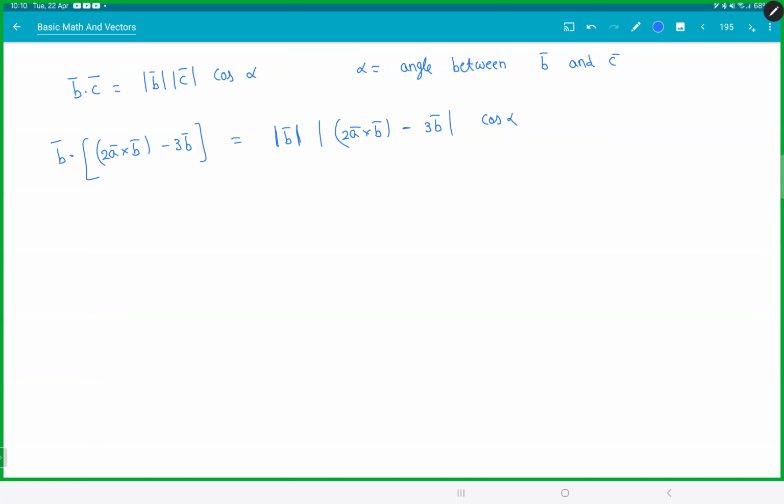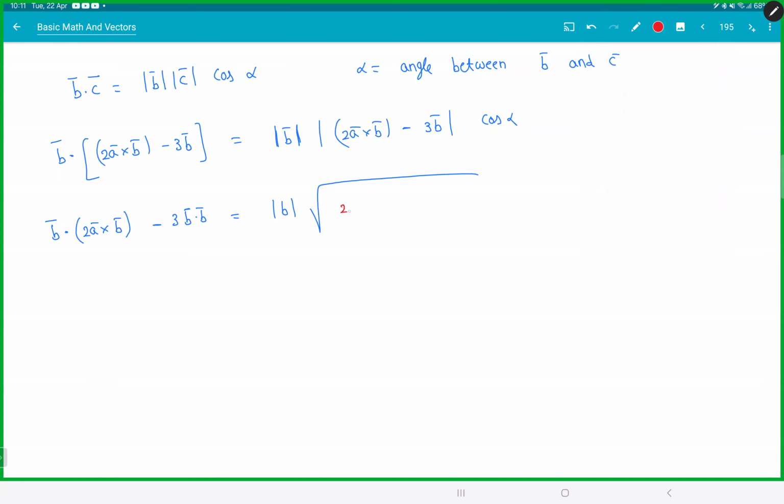Let's see. On the left hand side, what do we get? We have B bar dot (2A bar cross B bar) minus 3B bar dot B bar. This is mod B, and this guy will be the root over. Now remember, just don't see the cross product and get scared. This is something like C, and this is something like D. So it's mod of C plus D bar.